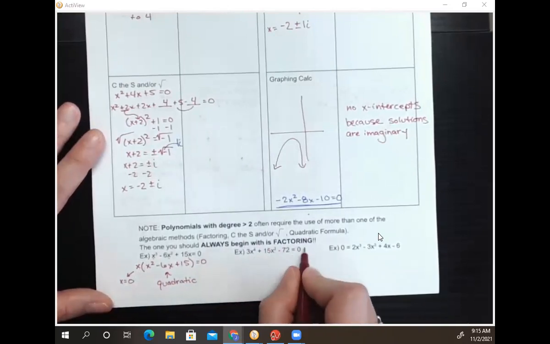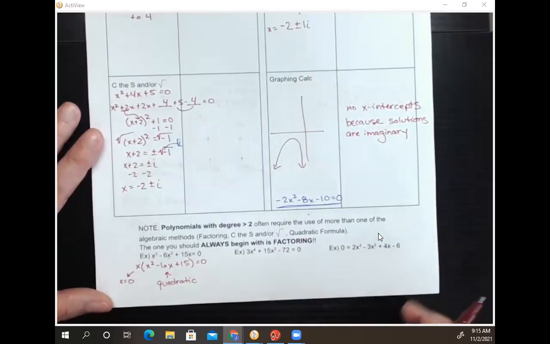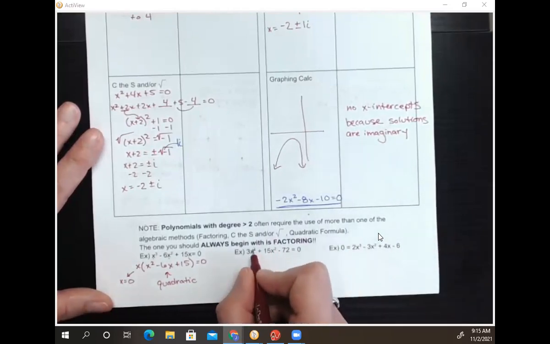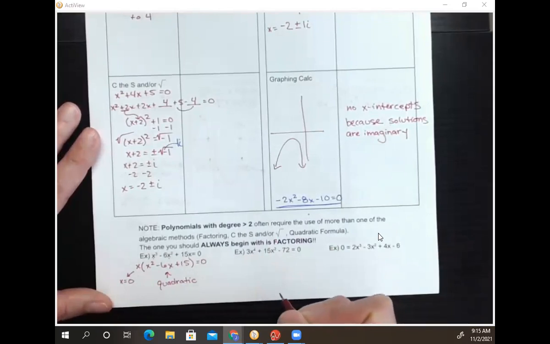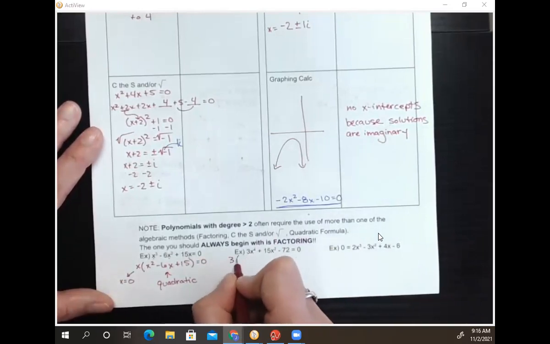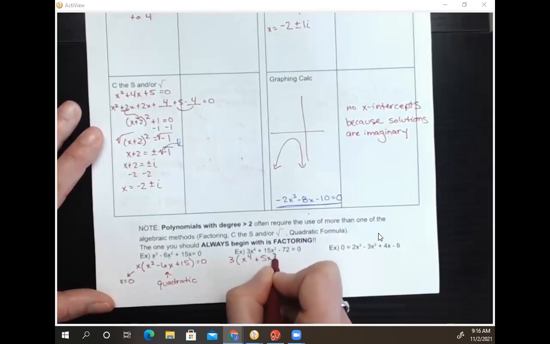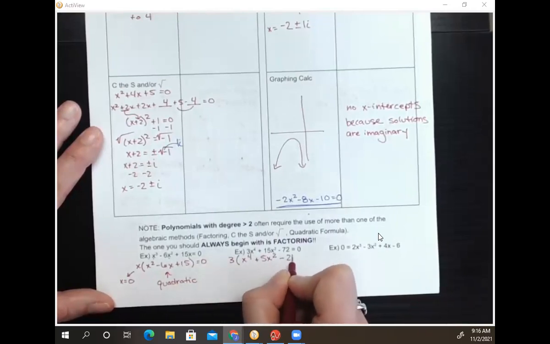For the middle example here, also not a quadratic. It's 3 terms, like every other problem that we saw in our little packet here. But my degree here is 4. So I've got to do some factoring before I can use any of those quadratic methods. So I have a GCF of 3 here that I can pull out. That would give me x to the 4th plus 5x squared minus 24.